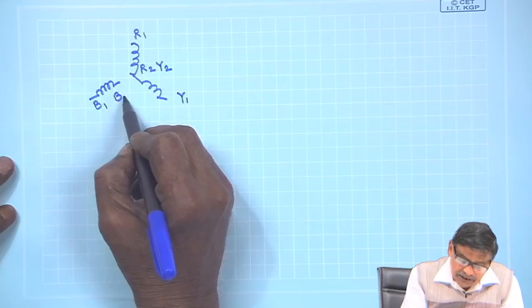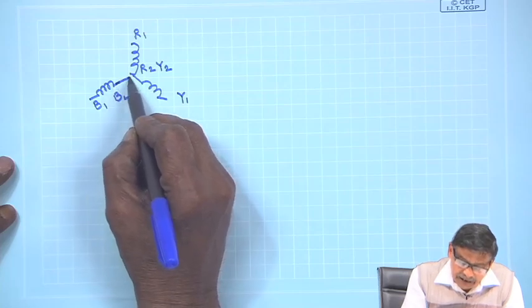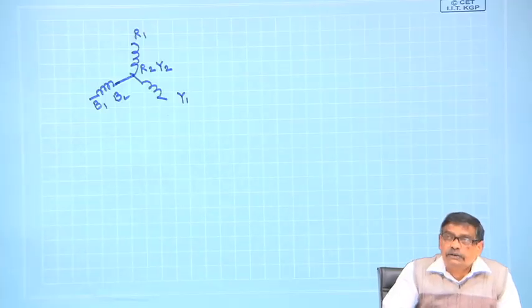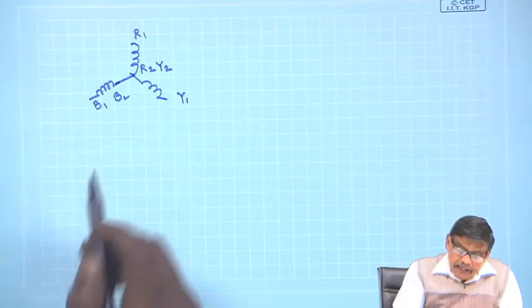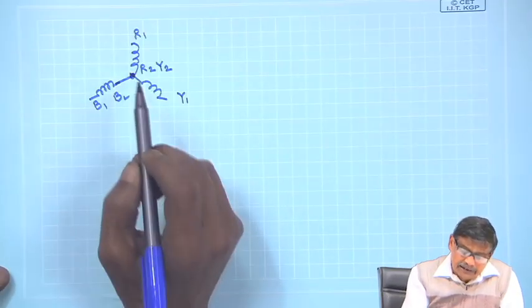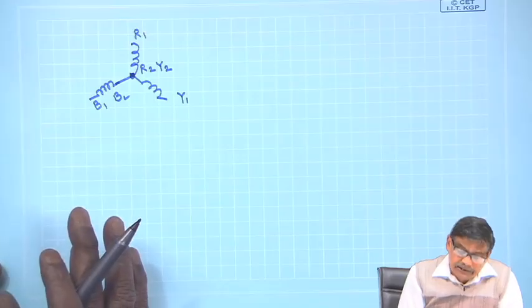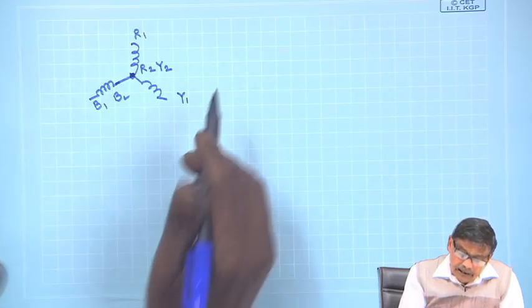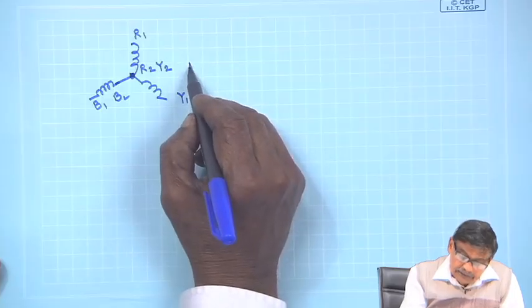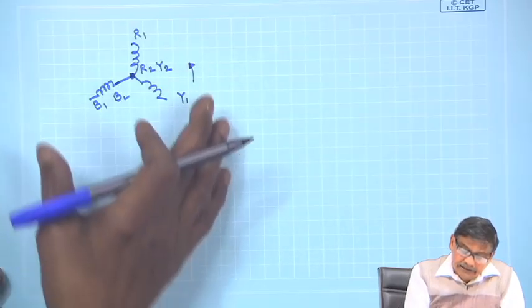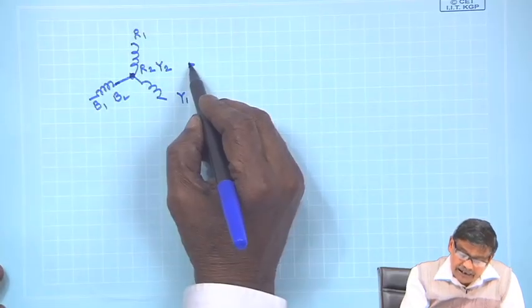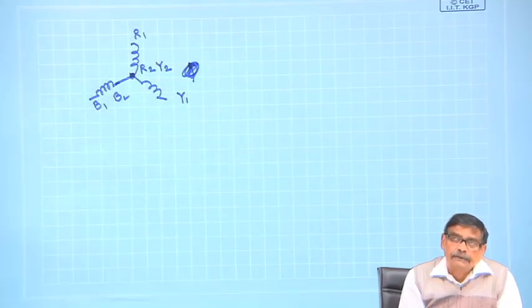This is how I will now represent the coils, and suppose they are connected in star, R2 Y2 B2 are short circuited. And these 3 windings carry current like this.